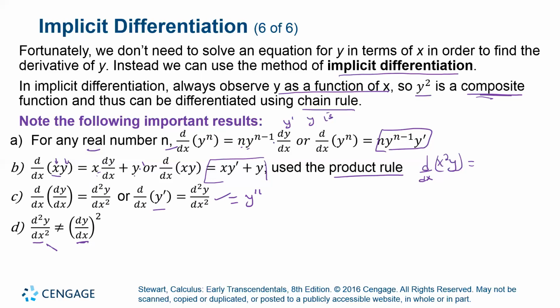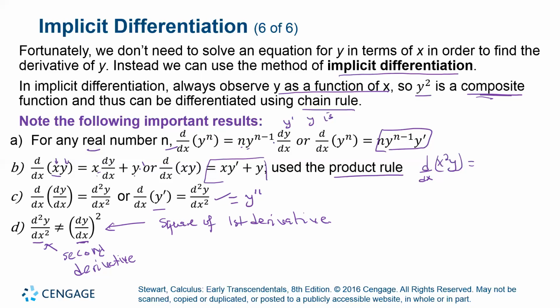This is the second derivative, whereas that is the square of the first derivative. The square of the first derivative.